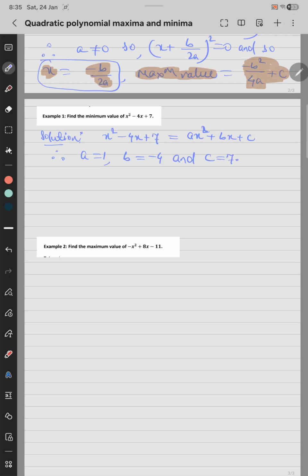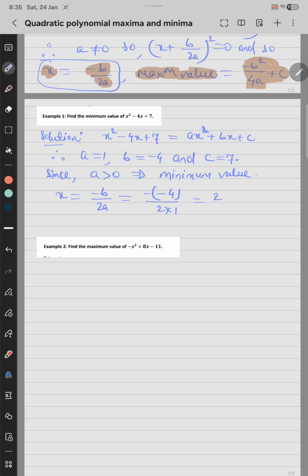Now since a is greater than 0, we will have a minimum value. The minimum value occurs at x is equal to minus b by 2a, which is minus of minus 4 divided by 2 into 1, which is equal to 2.